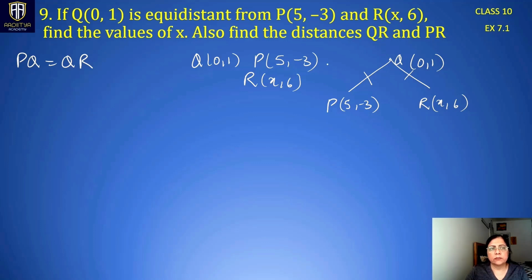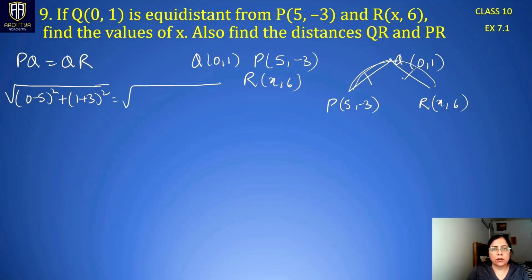So now we are given that Q is equidistant from P and R. That means distance of Q and P is equal to distance of Q and R. What is QP? QP or PQ. PQ is 0 minus 5, whole square. Then 1 minus 3 is 1 plus 3, whole square.